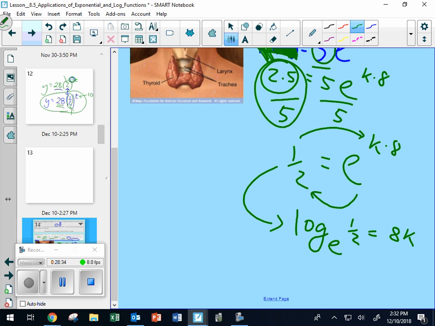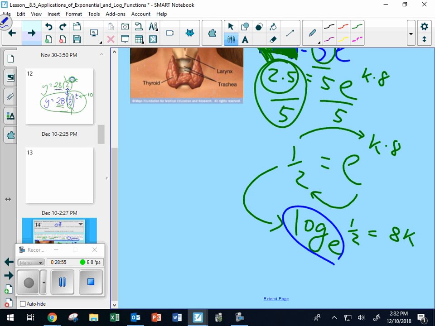Now, you will have a calculator for this test because there's a lot of word problems on it that need a calculator, okay? So you'd be able to use a button. Please don't tell me you'd do the log E button because there isn't one. What is the log E button? ln.